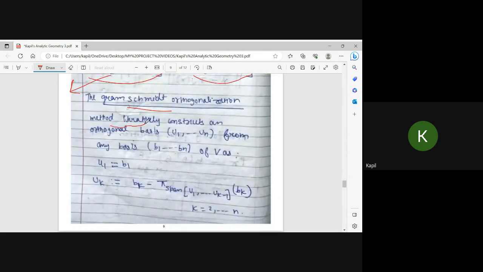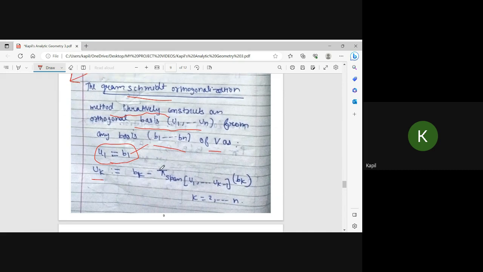The method is the iterative construction of an orthogonal basis u1 to un from any basis b1 to bn of a vector space V. For k equal to 1, u1 is equal to b1, and for any uk, where k is from 2 to n, we subtract from the basis vector bk its projection onto the subspace spanned by the vectors u1 to uk minus 1.